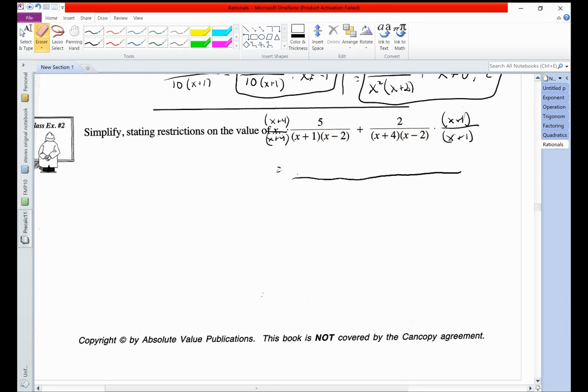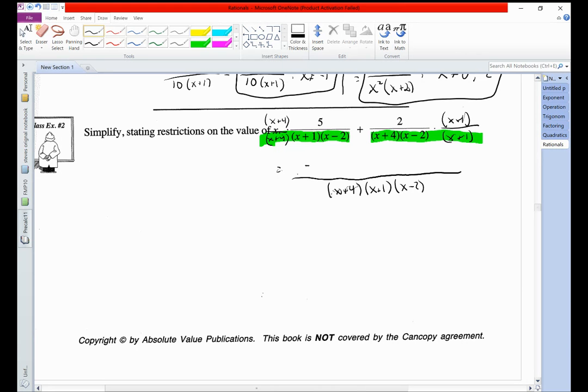I will have x plus 4, x plus 1, and x minus 2, and then x plus 4, x minus 2, x plus 1. So now my denominator becomes x plus 4, x plus 1, and x minus 2. That's my denominator for both terms.